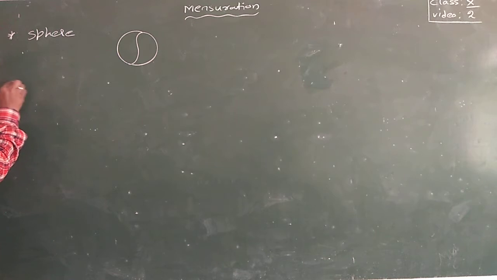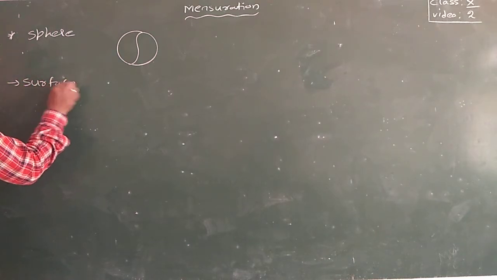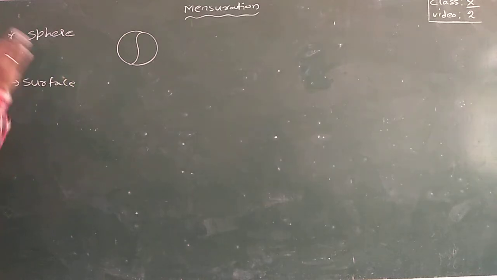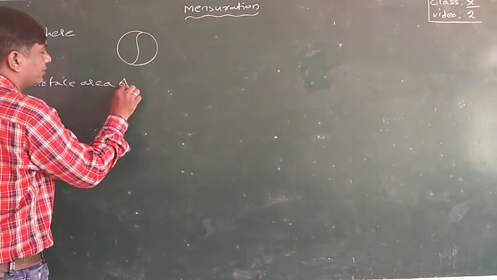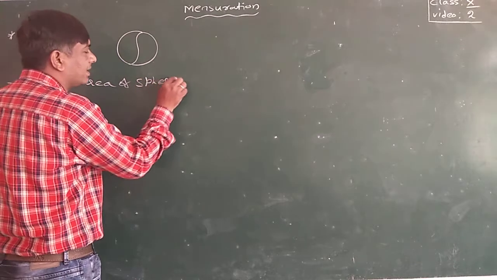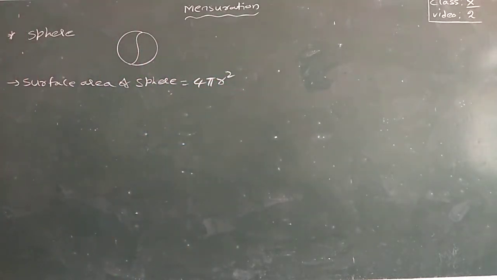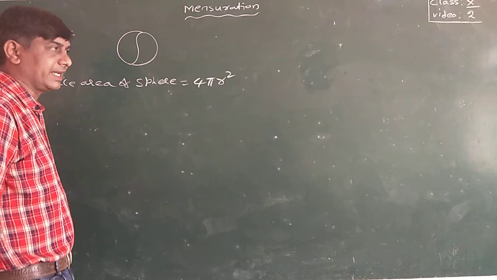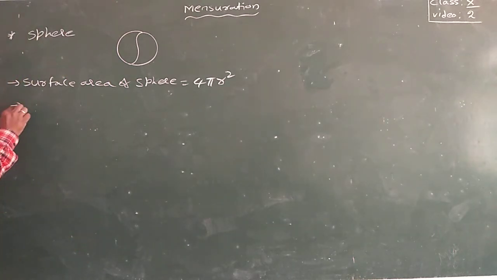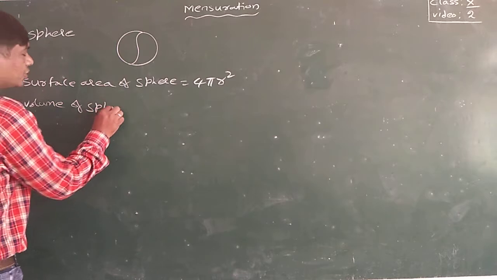Okay, surface area of a sphere. Here no curved surface area. TSA, curved surface area same, only one. Surface area of sphere is equal to 4 pi r square. That is only CSA, that is only TSA, that is only surface area. And volume of a sphere.